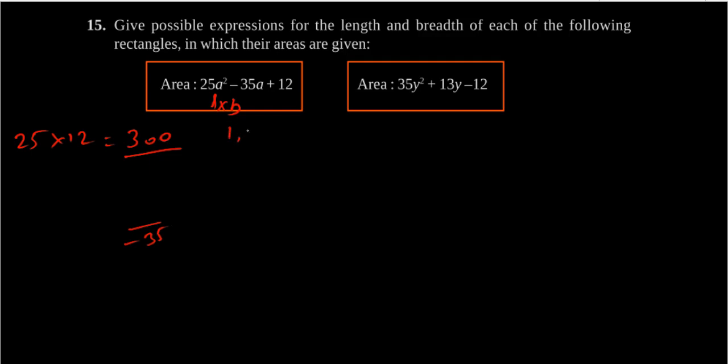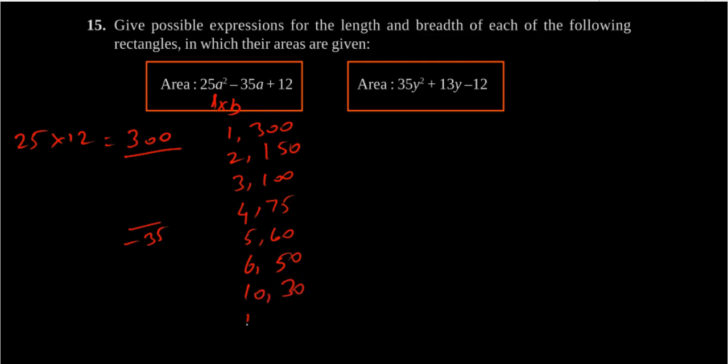First table 300 times, second table 150 times, third table 100 times, fourth table 75 times, fifth table 60 times, sixth table 50 times we will get, 6 5s are 30, 10th table 30 times and 15th table 20 times.